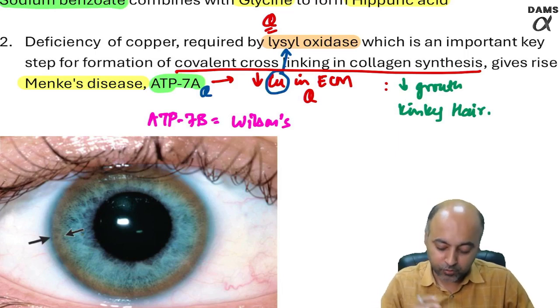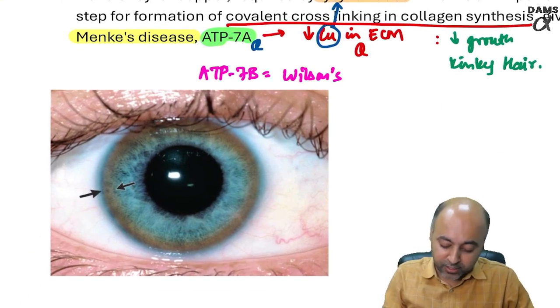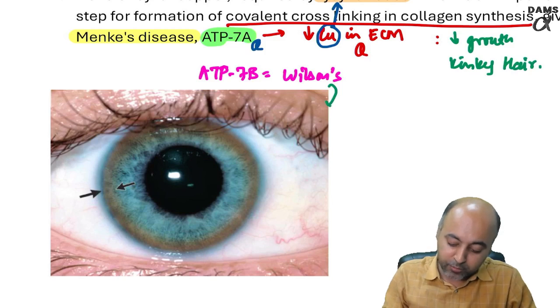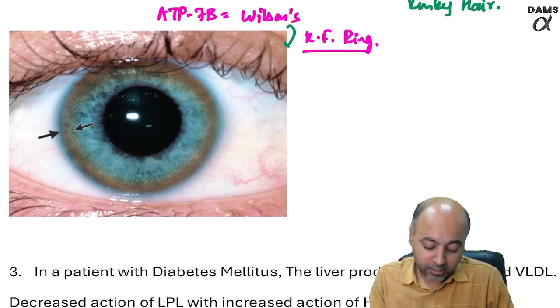Now, I've just given for the Wilson's disease, as all of you are able to identify, this is the Kayser-Fleischer ring. You are likely to get this image also when we are talking about the Wilson's.